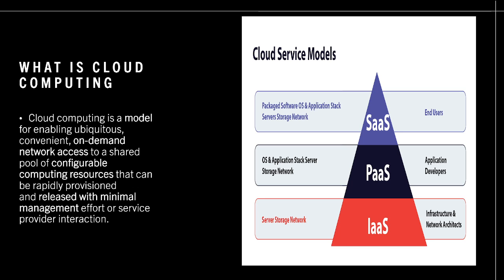We will discuss all of them in separate videos, and we have a lot of resources on that. Infrastructure as a service, or IaaS, offers core infrastructure like servers and storage for IT teams. The second one, PaaS, gives developers tools to build and run applications.